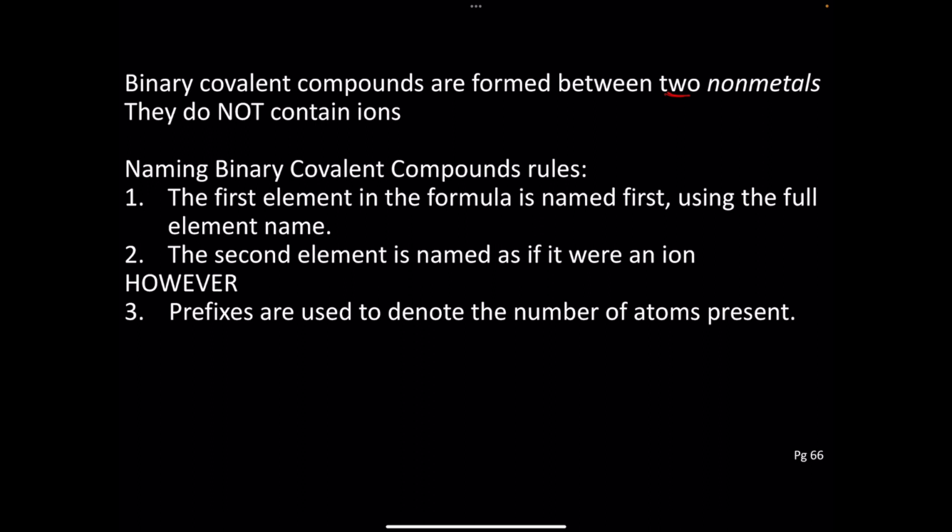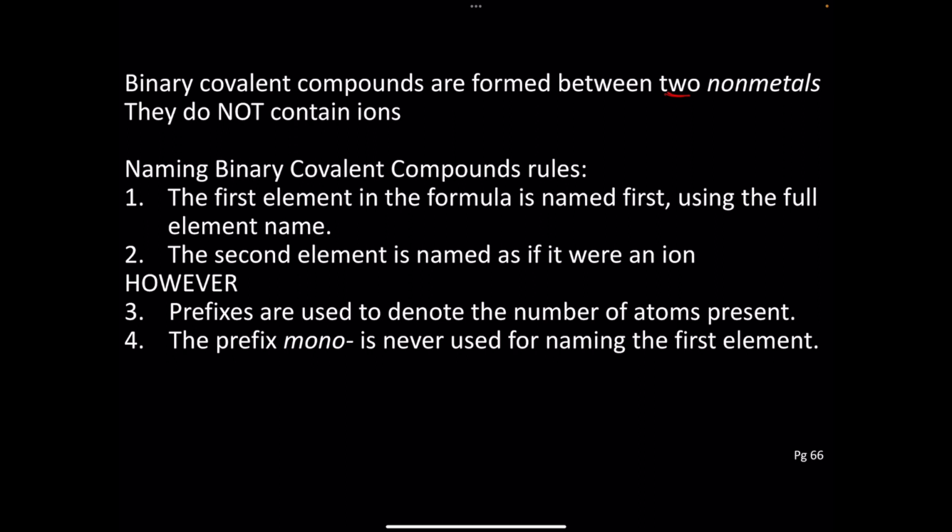So for example, in CO2, that O2, we need to include a prefix for 2, di. Now, the prefix mono is used, but only for the second element, meaning it will never be used for the first element. So when it says carbon, if it's CO2, there's only one carbon atom, and we don't need to say monocarbon.